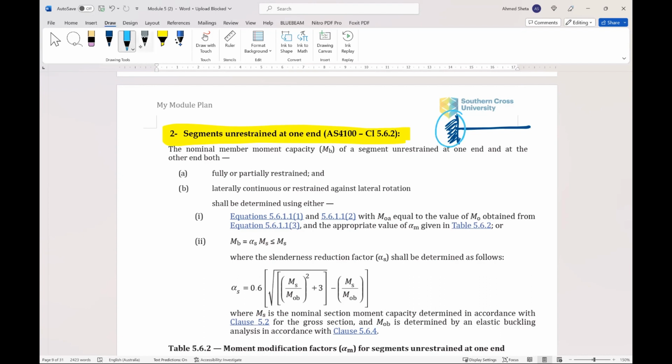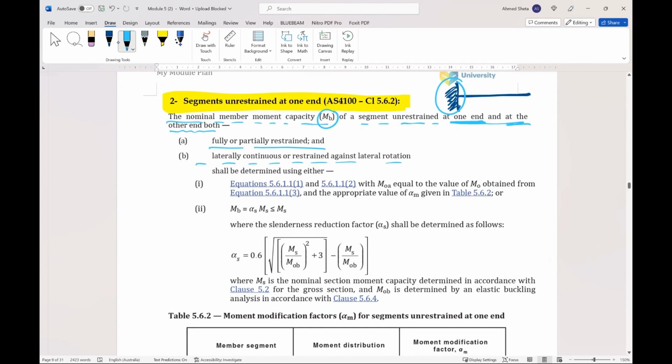So for a cantilever or member restrained at one end, the nominal member moment capacity (MB) of a segment unrestrained at one end, and at the other end fully or partially restrained, laterally continuous or restrained against lateral rotation, shall be determined as follows.